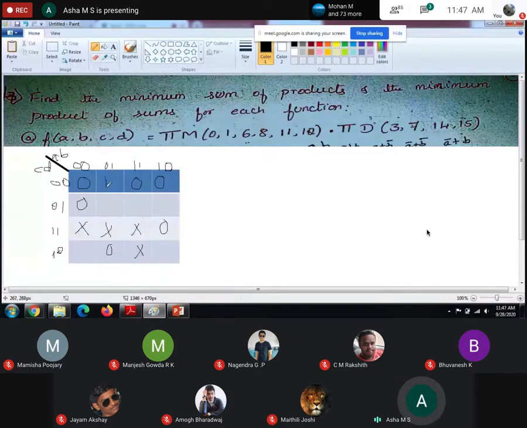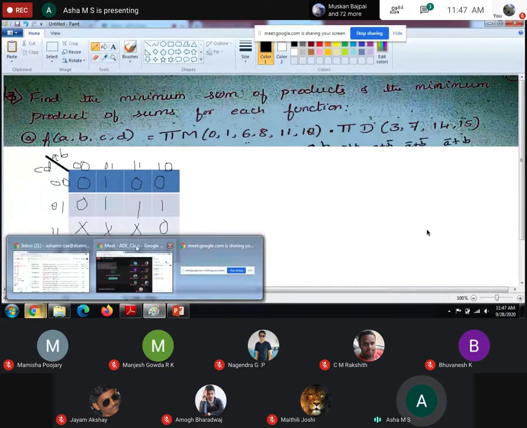Okay, remaining all cells are 1. Check, is the truth table correct?